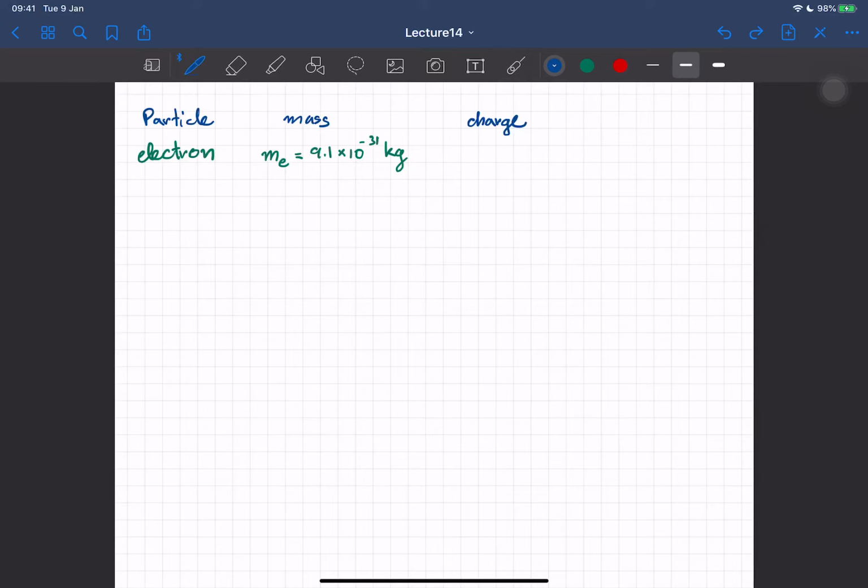Well, that's going to be 10 to the something like 32, 33 or 34, something like that. Okay, so electron is extremely light. The mass is very small.